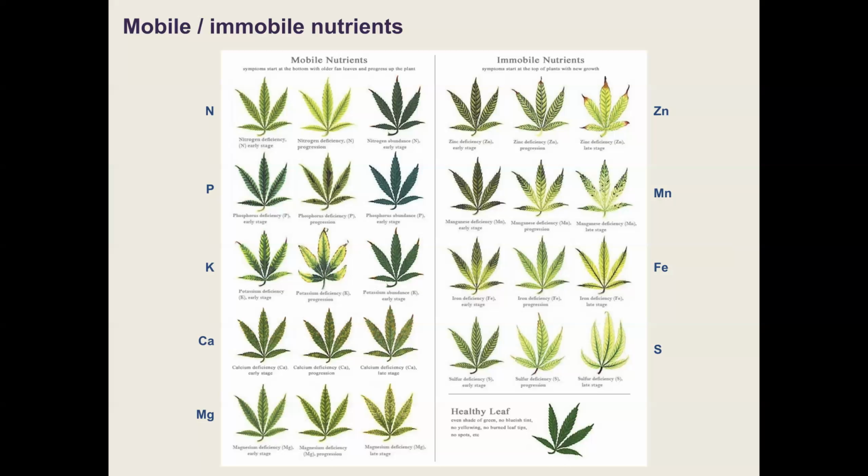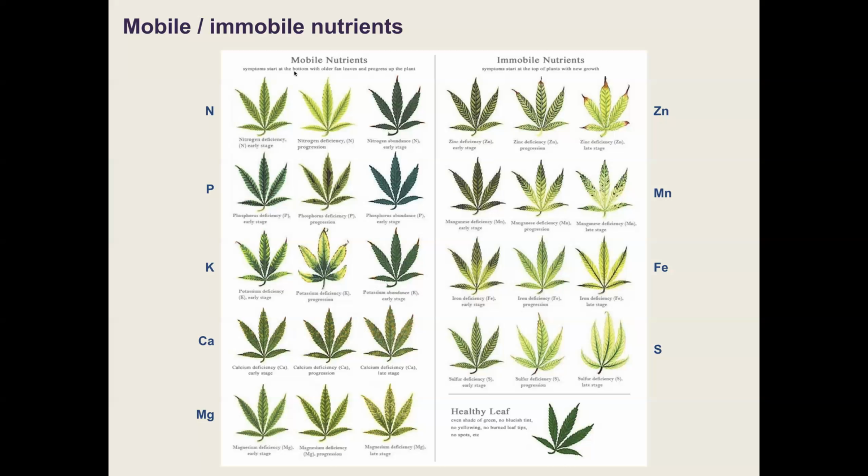So one strategy the plants might employ is to take the nutrients from the lower, older parts that don't need them as much, and move those nutrients toward newer parts of the plant, really to avoid having no nutrients available to build new organs. The features you would see, as it mentions here, if you have a deficiency in a mobile nutrient, is that those nutrient losses are shown in the older tissues.